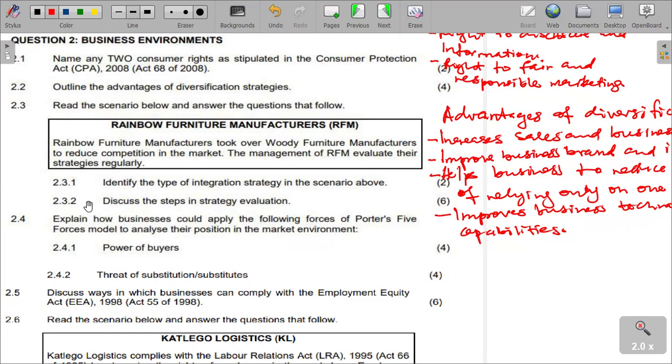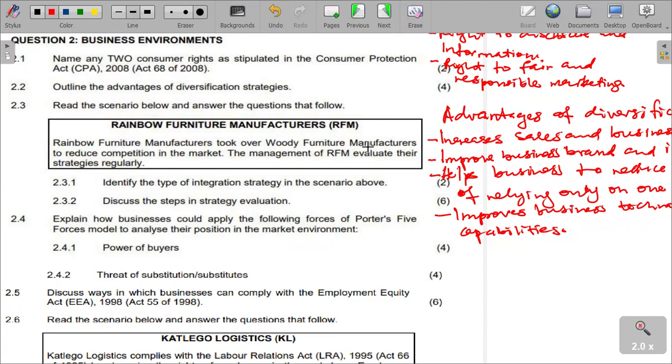So the first question is saying, identify the type of integration strategy in the scenario above. You remember we have got different business strategies. In this case, we are given an integration business strategy. So what form of integration is that, where Rainbow Furniture Manufacturers took over wood furniture manufacturers?